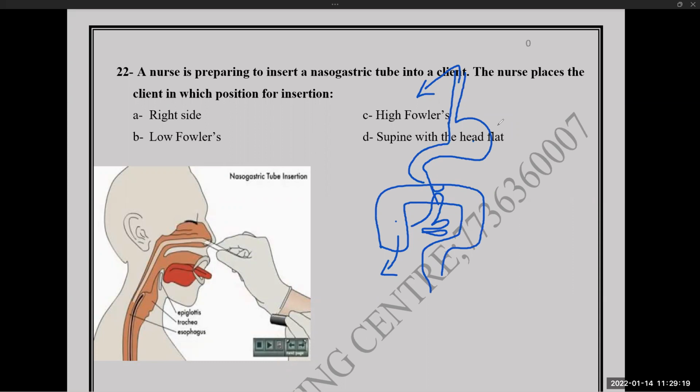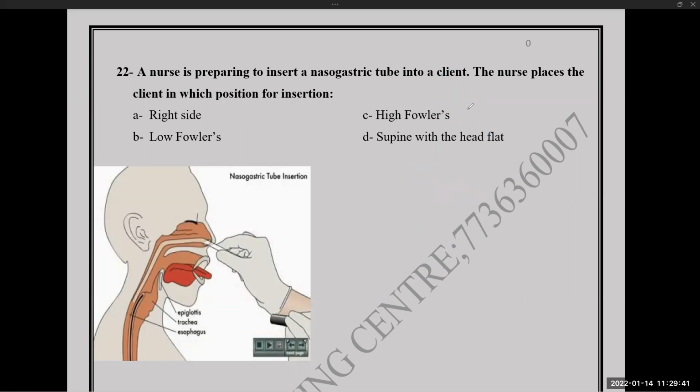What is the indication for a nasogastric tube in a patient who is diagnosed with stroke? To prevent aspiration. Okay, so you will get questions like this in different areas. A nasogastric tube needs to be inserted in multiple patients for multiple purposes. Fine. Okay.